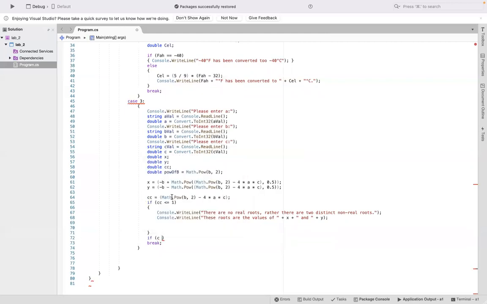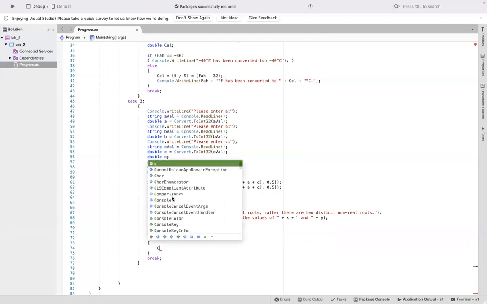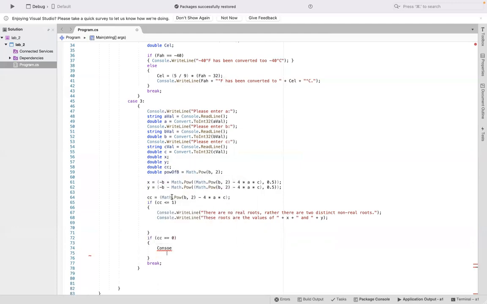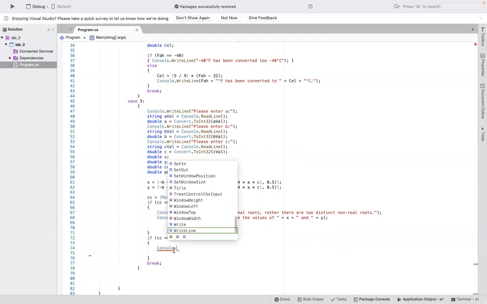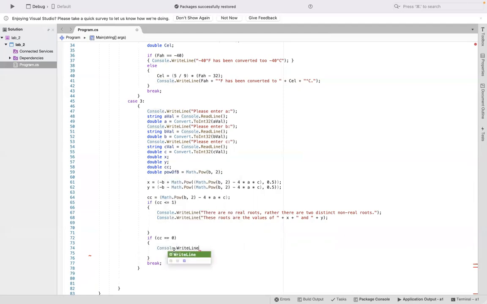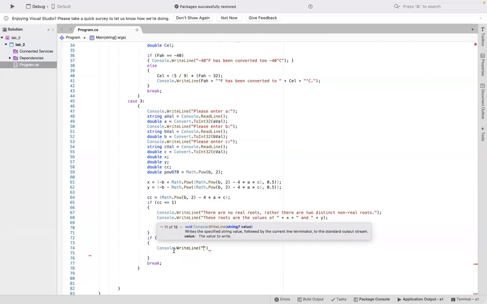If CC, or like 2C, equals 0, we have to put 2. And then there is only one real root, because CC is representing the discriminant. There's only one.